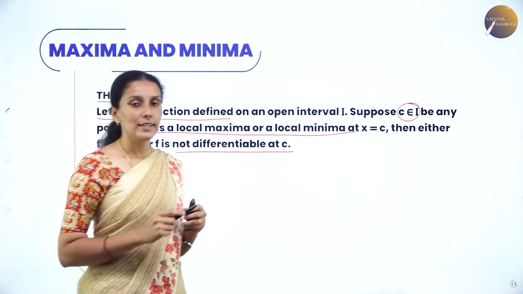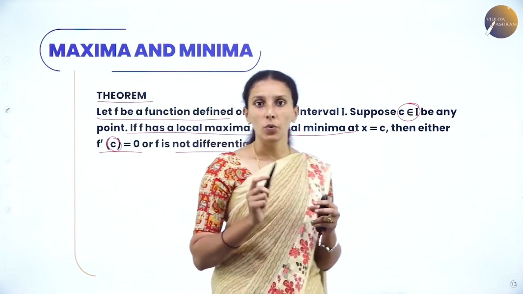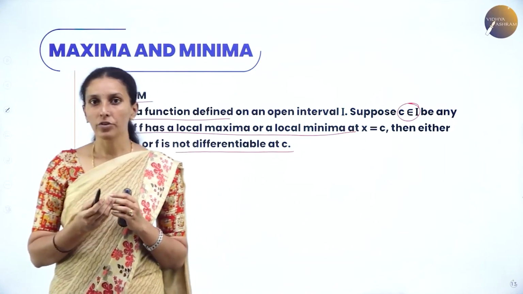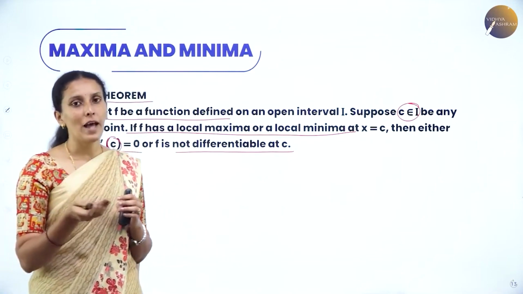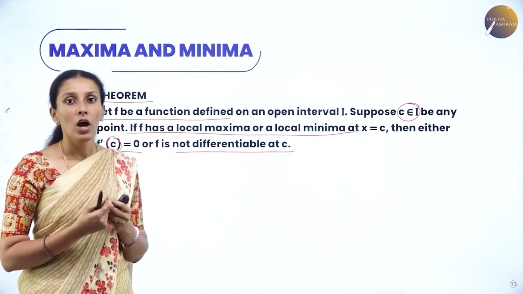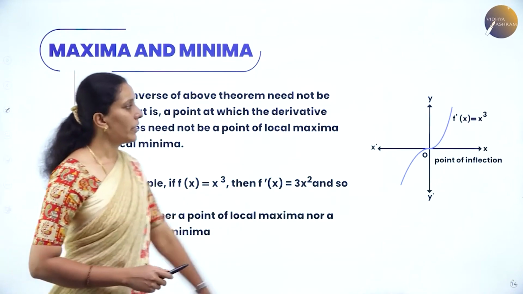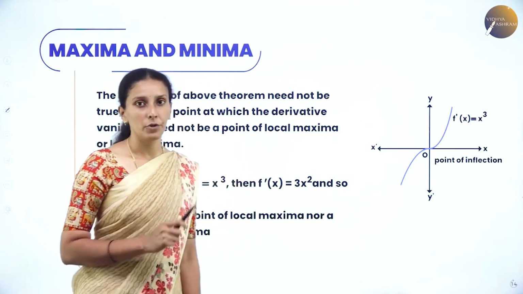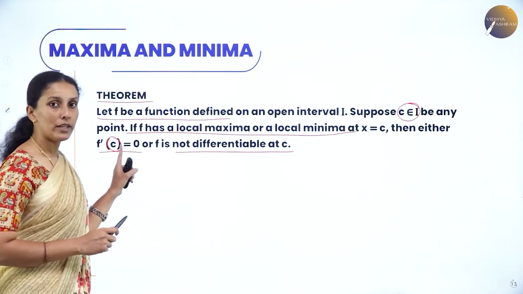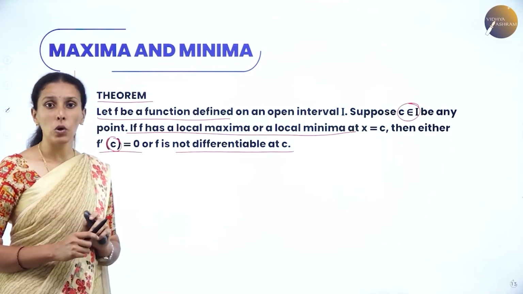But there exist some cases where f dash is 0, that is, the value of the derivative becomes 0, but that point cannot be taken as local maxima or minima. So take an example for that. Here I have taken an example of the x cube curve. The theorem states that if f dash of c is 0, then c must be local maxima or local minima.